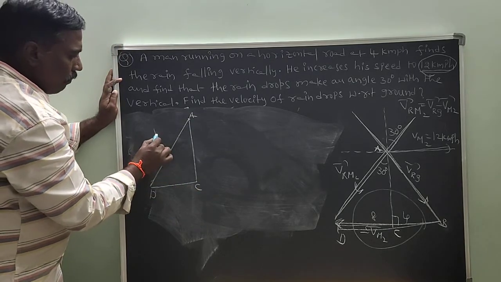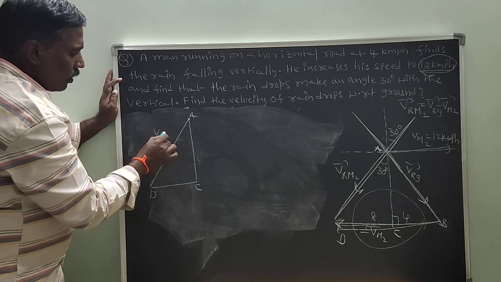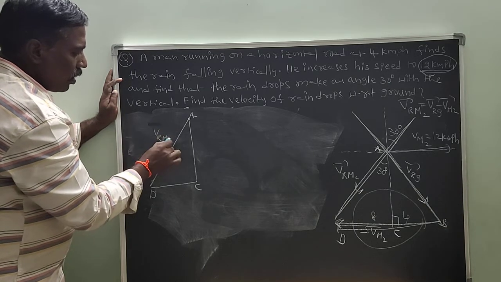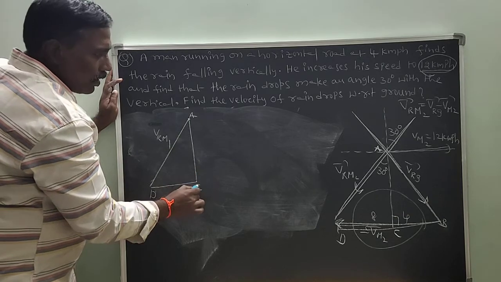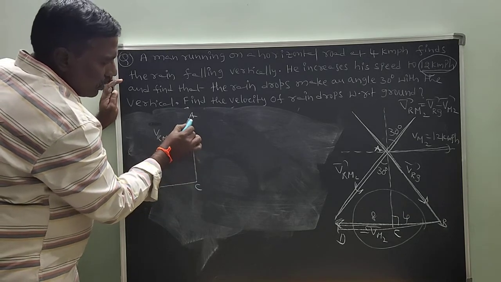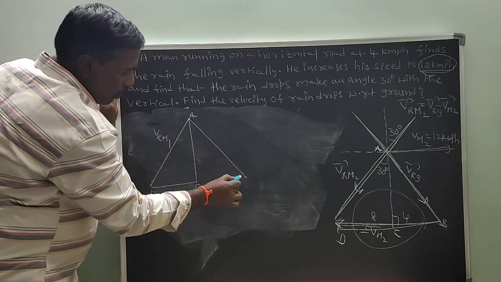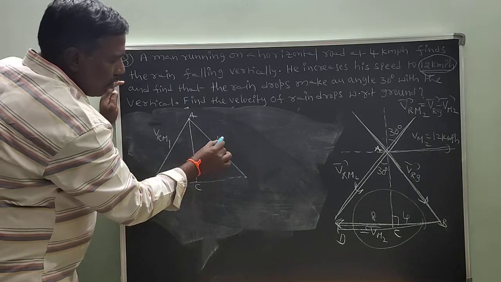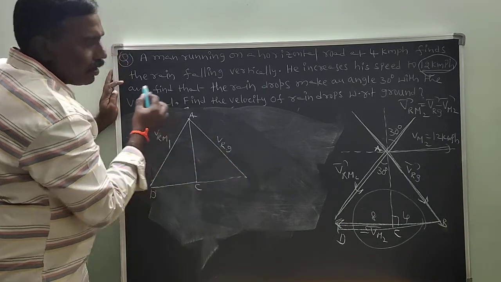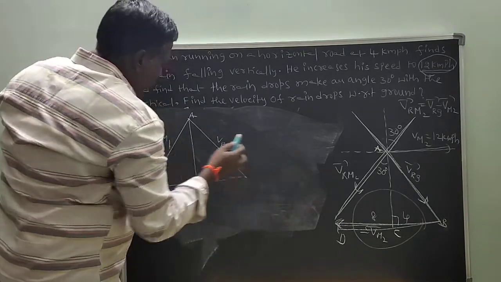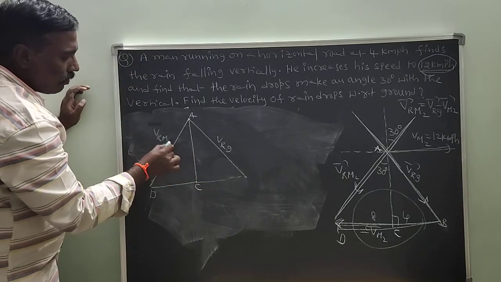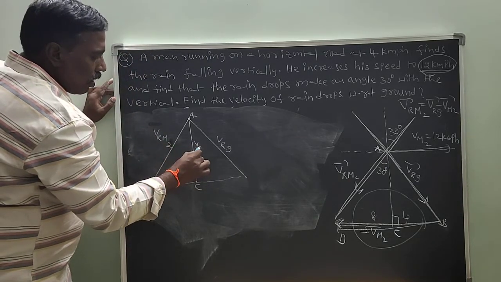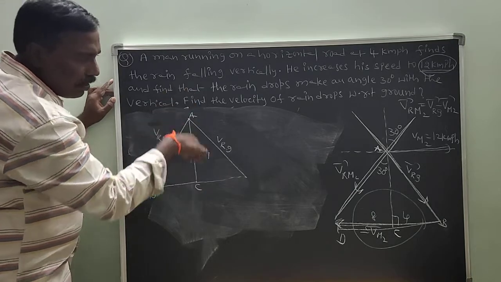This is VRM1. This length is AC. So second, this is VRG. Okay, here this is VRM2, not VRM1. This is VRM1, vertically down.